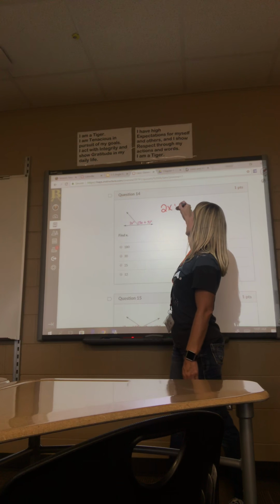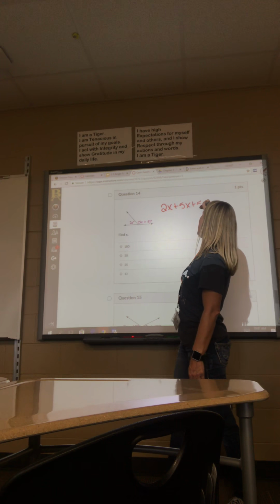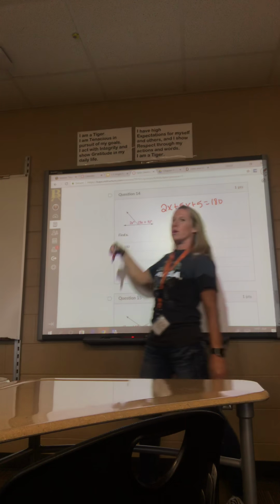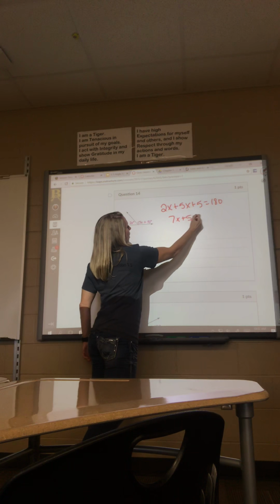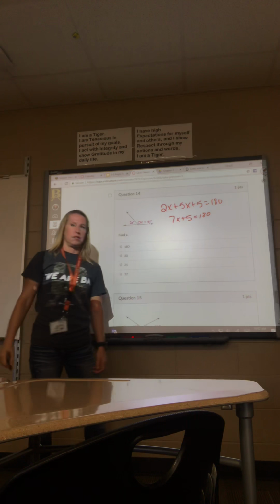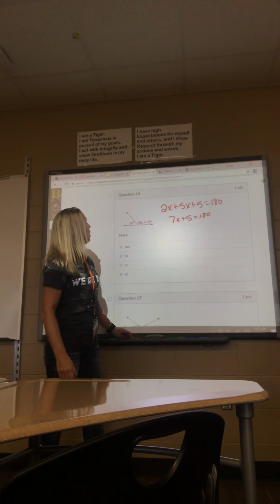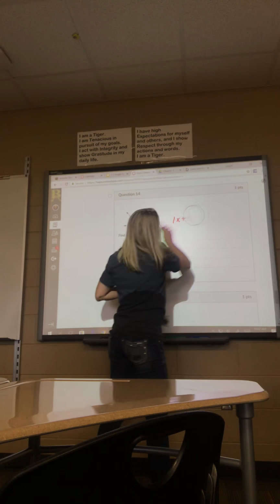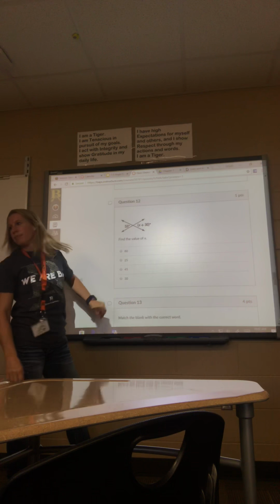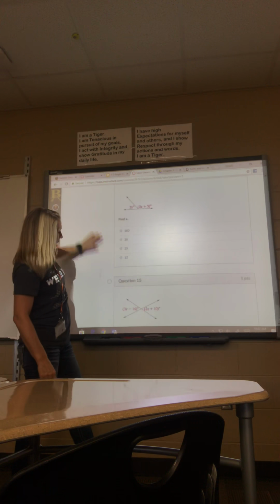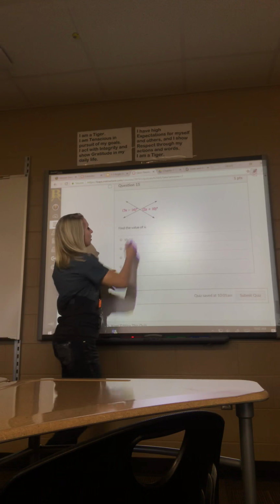So 2x plus 5x plus 5 equals 180. So you would combine like terms: 7x plus 5 equals 180, and solve. Is number 12 just 25? Yes. All right, and then vertical angles equal each other.